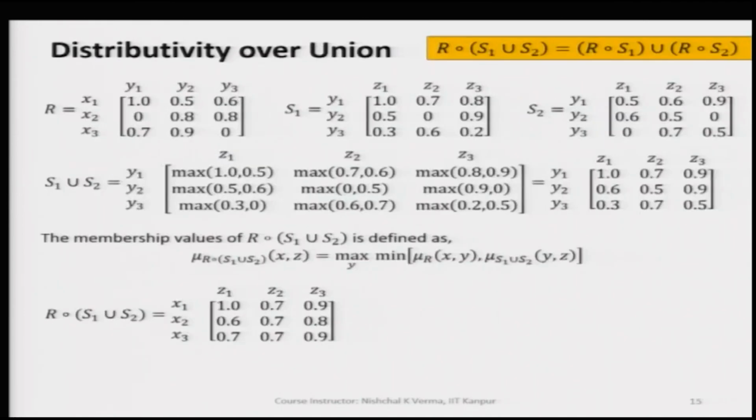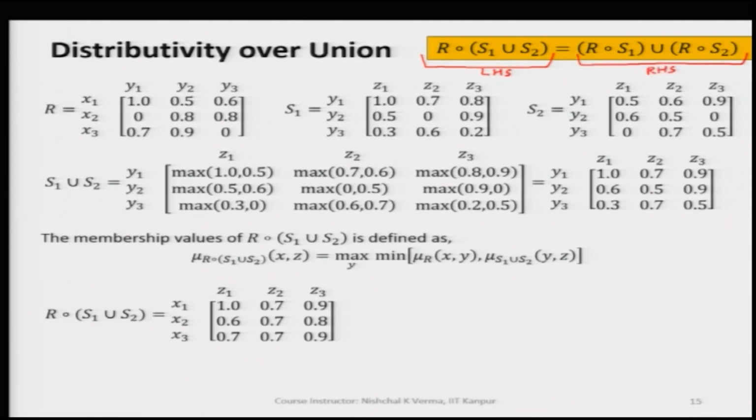Now, let us see whether the distributivity over union property holds good for these fuzzy relations. In this process we have first the LHS and then the RHS.